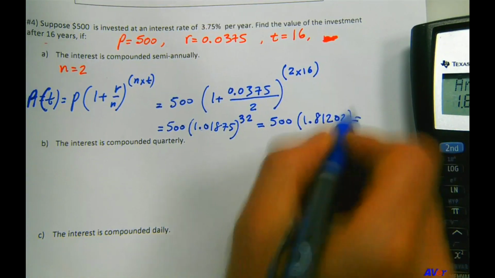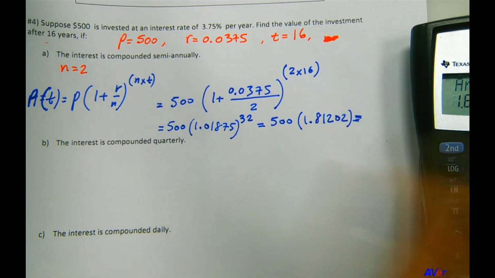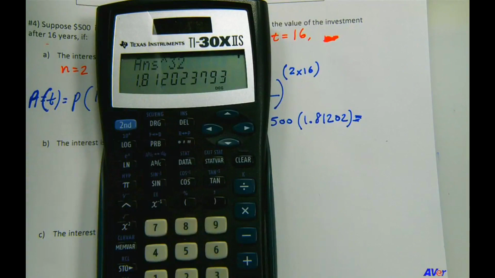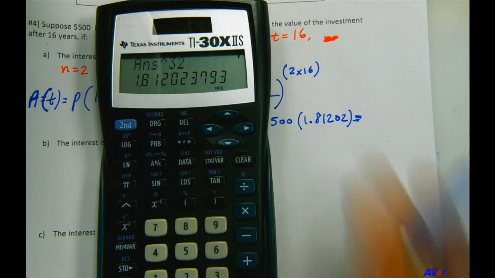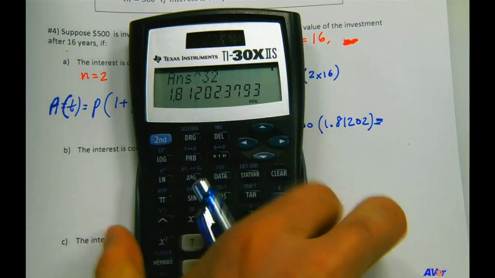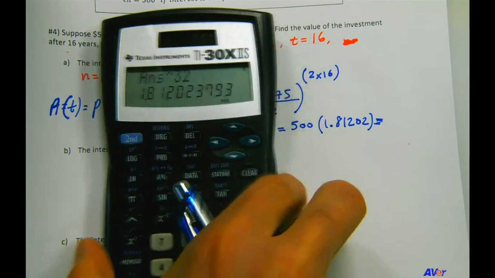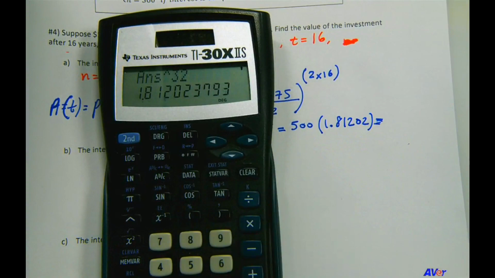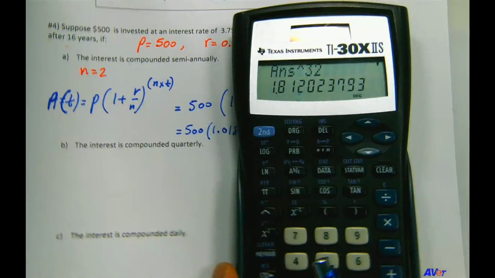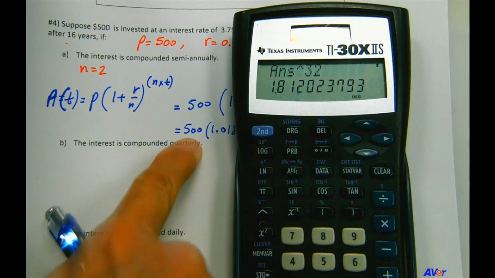And of course, I'm going to write that down, but when I actually calculate this, I haven't erased that number yet, right? So I can just multiply it back by 500. So let me do that. I'm going to multiply this quantity by 500.